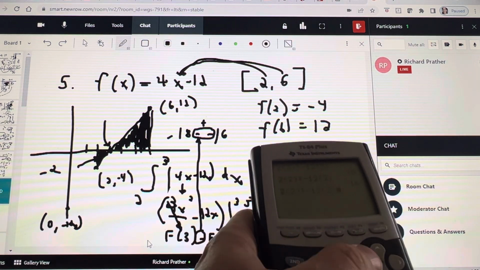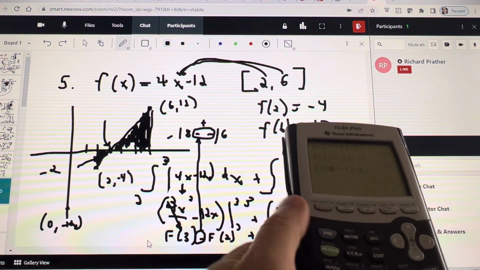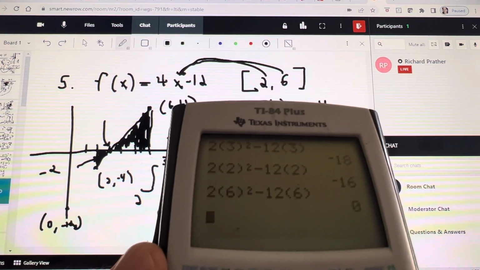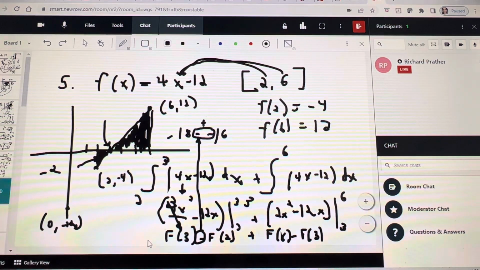So then I need big F of 6. Big F of 6 is 0. Minus, and we already calculated big F of 3. Big F of 3 was negative 18. Oops.